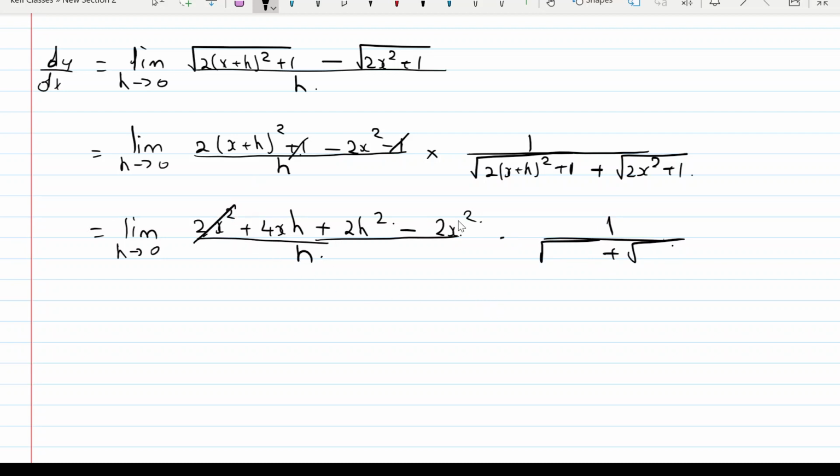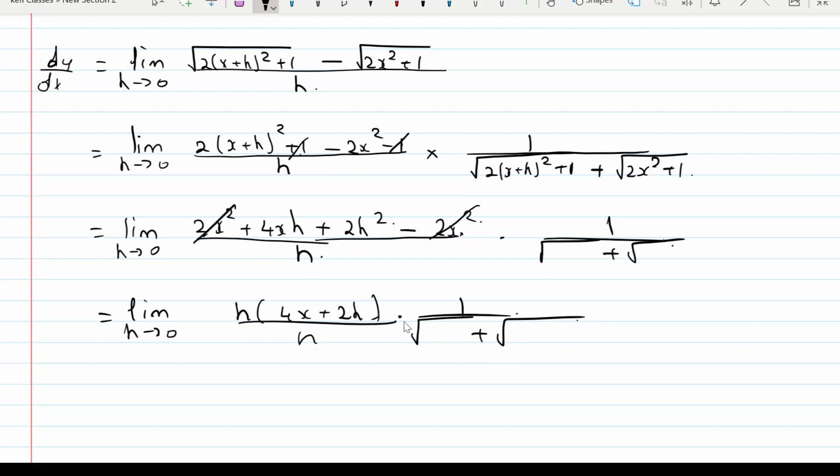So 2x square and 2x square cancels. I can take h common and I'll get limit as h tends to 0 h into 4x plus 2h upon h into 1 upon root of plus root of. So h and h cancels.